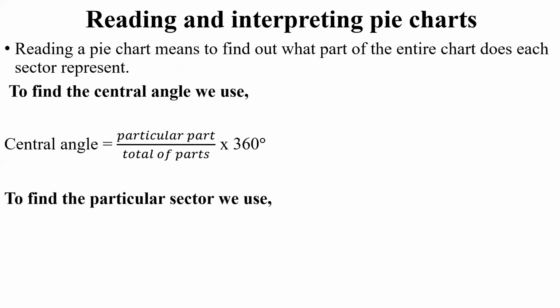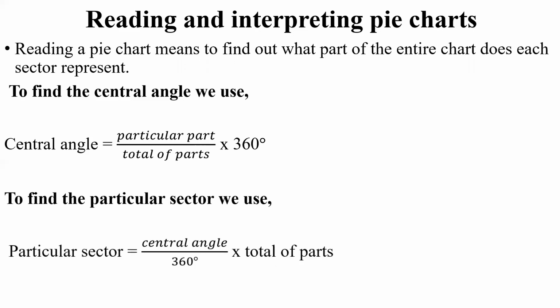And to find a particular sector's part, we use: particular part is equal to central angle divided by 360 degrees, multiplied by total of parts. This formula we generally use when we are given a pie chart and the degrees of each sector, and we have to find the particular part for a particular sector.